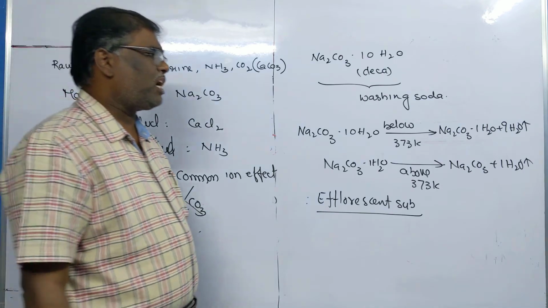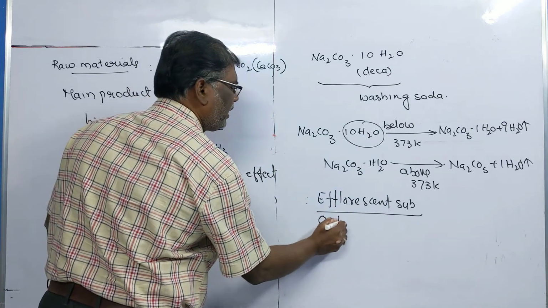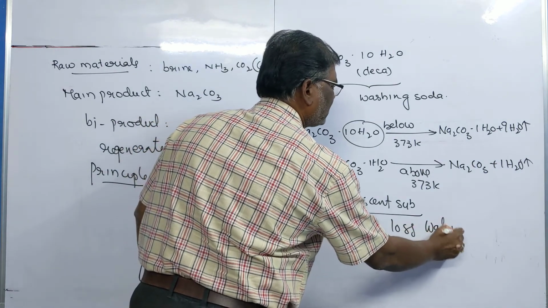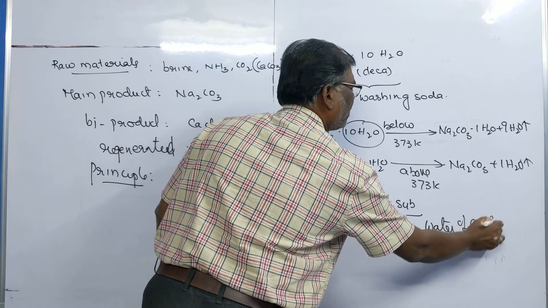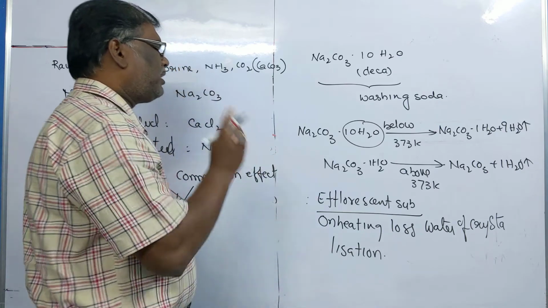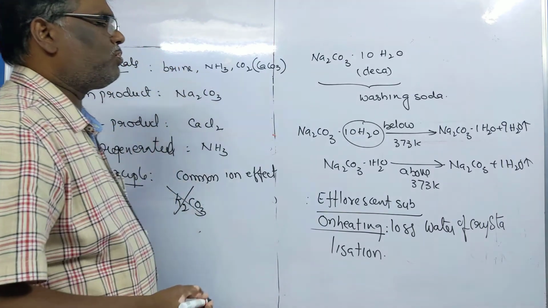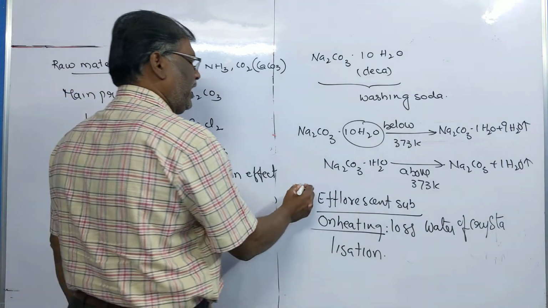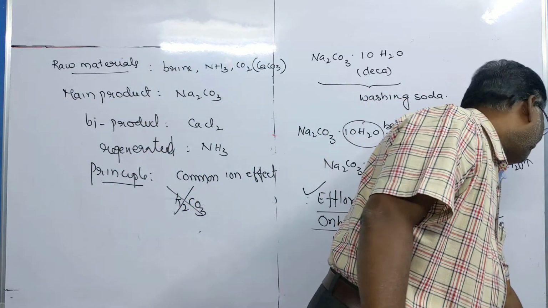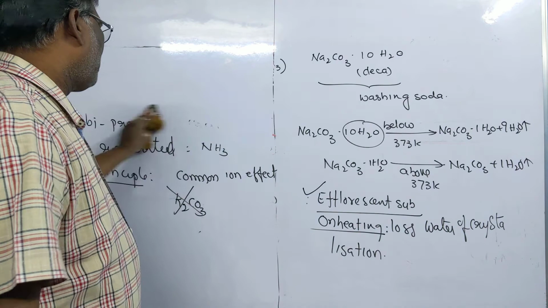The substance which on heating loses water of crystallization is called efflorescent substance. It is a white crystalline solid, highly soluble in water.